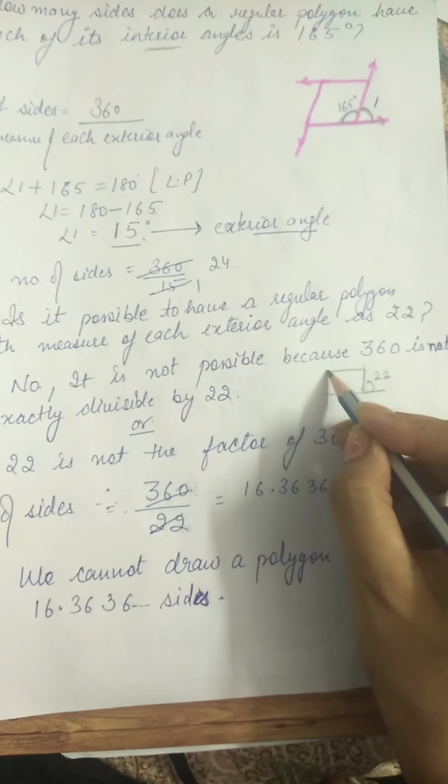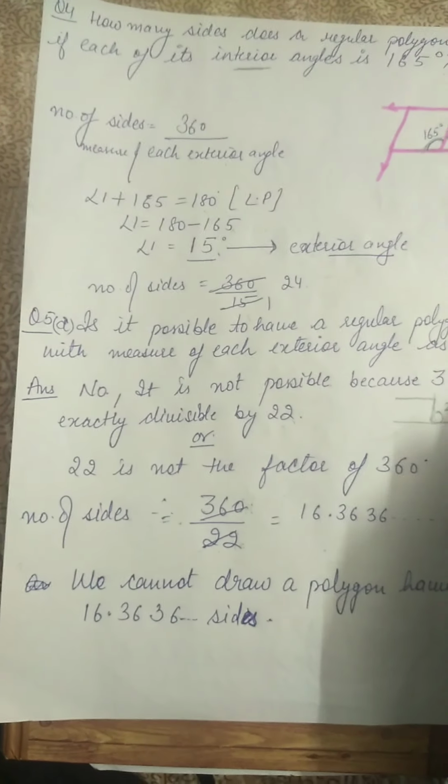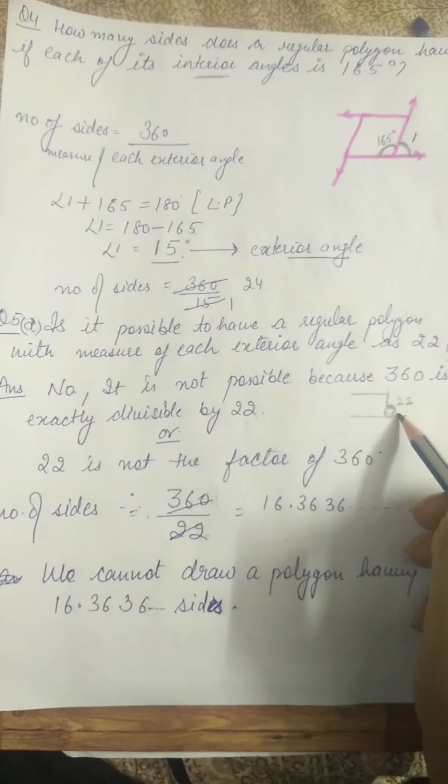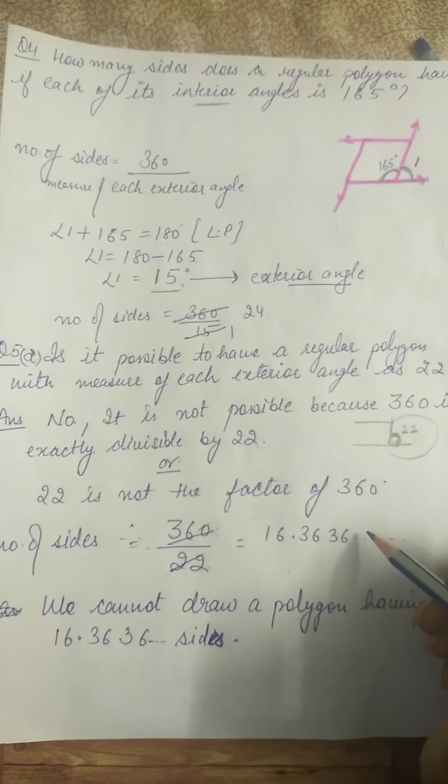Okay, any polygon, you don't know which type of polygon it is, square, rectangle or anything. But in any polygon, the exterior angle is 22. So is it possible to have an exterior angle of 22?